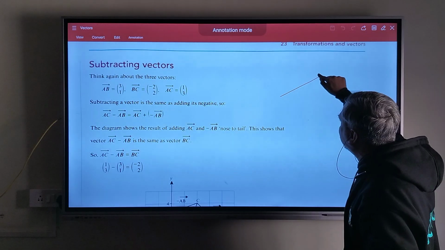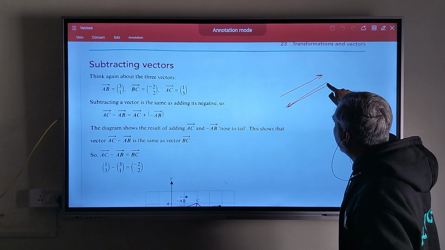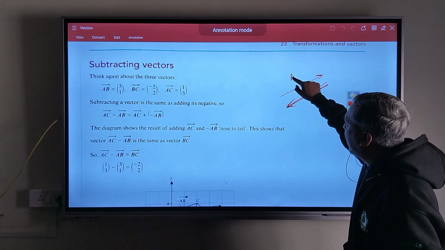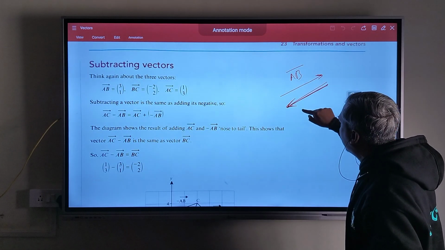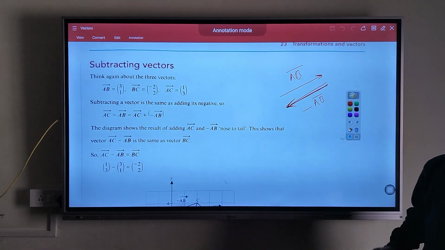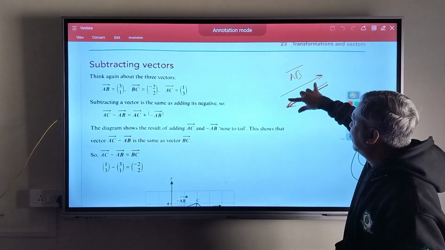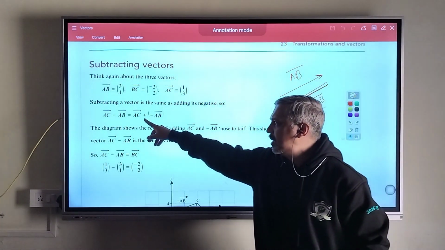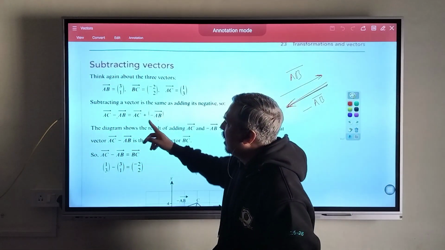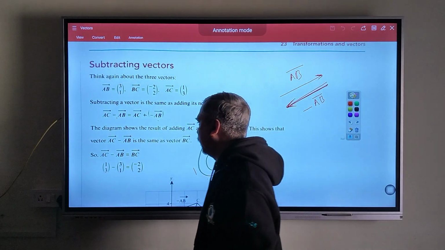If this is AB bar, then a vector in exactly the opposite direction and the same length is called minus AB bar. So you find minus AB bar first, and then AC bar and minus AB bar can be added and you get the final result.